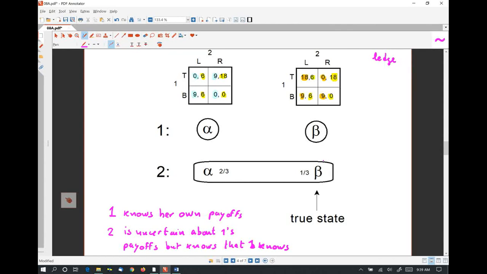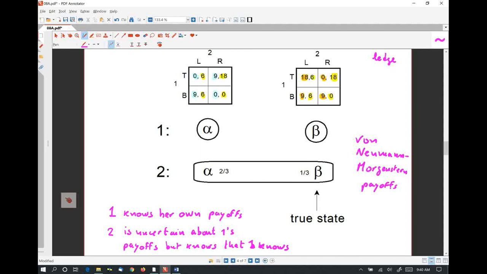And when I say the state being beta, I mean them playing the game associated with state beta, and similarly for state alpha. Also, I'm going to assume throughout, as Harsanyi did, that these are von Neumann-Morgenstern payoffs. So this is a cardinal game.